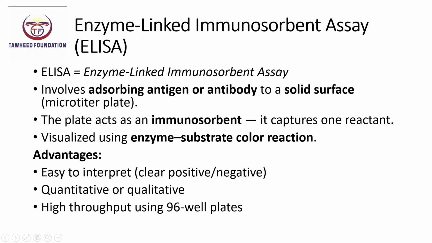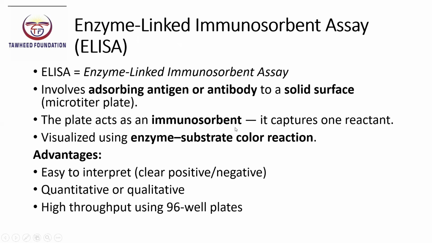Next is enzyme-linked immunosorbent assay, that is ELISA. So ELISA is a type of heterogeneous EIA where antigen or antibody is adsorbed onto a solid surface, typically a microtiter plate. The plate serves as an immunosorbent capturing one reactant.